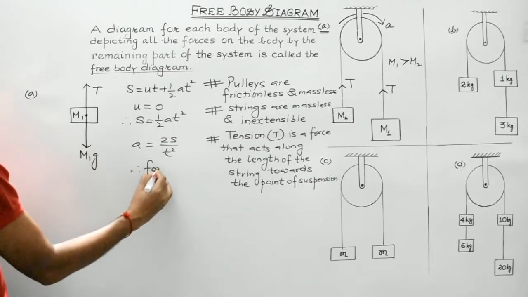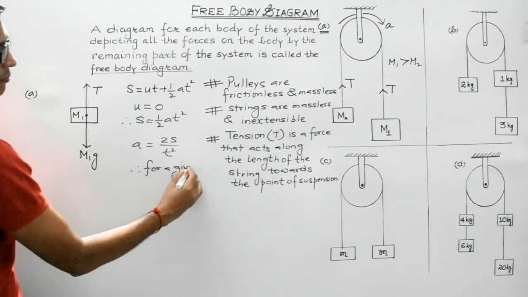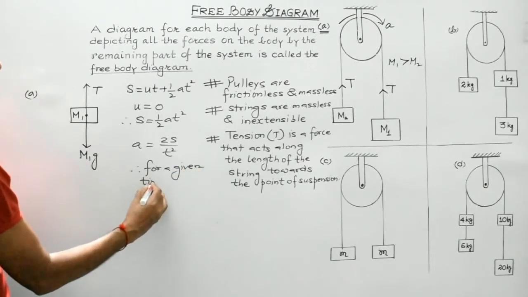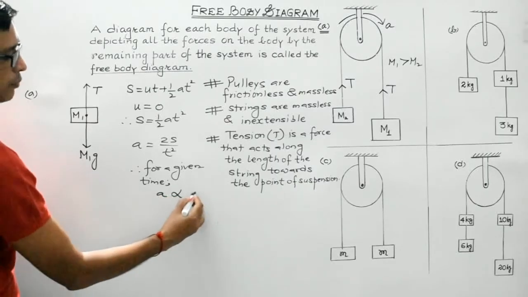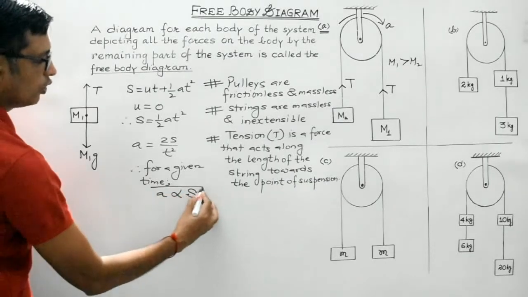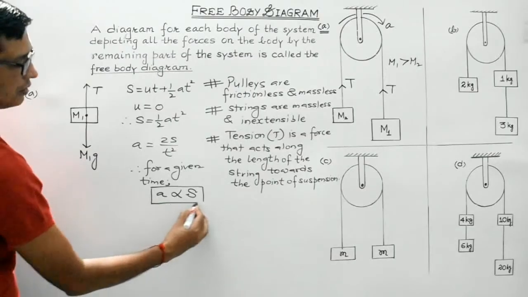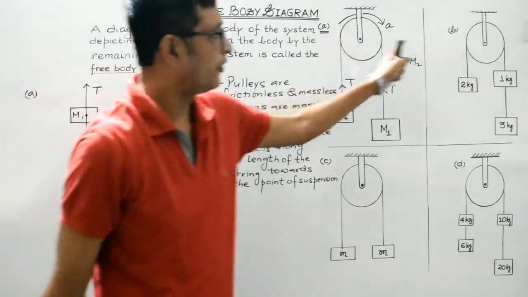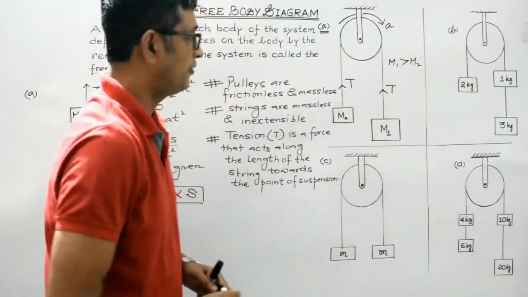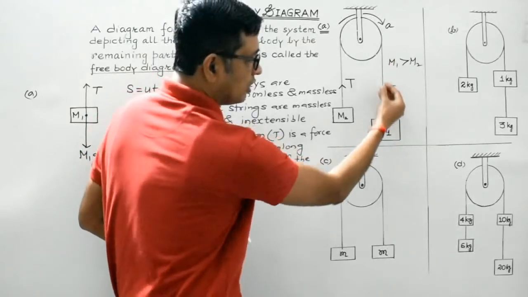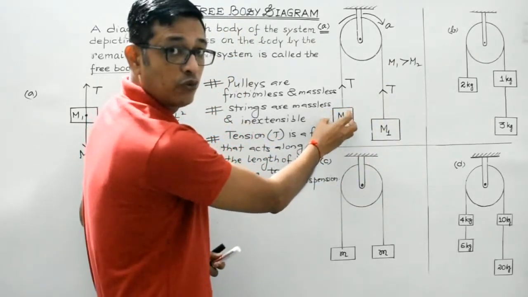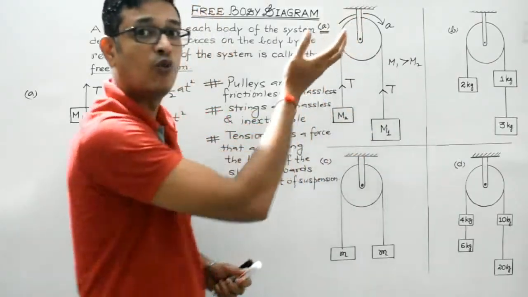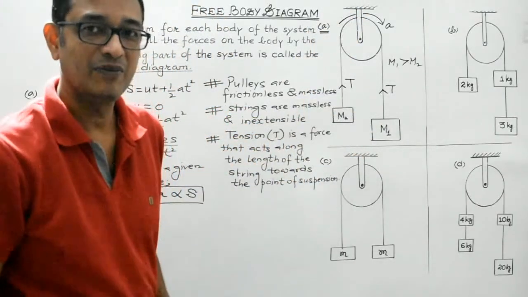Therefore, for a given time, acceleration is directly proportional to displacement. Always remember this. So in the case of fixed pulley, students, if this body goes down by 1 meter, the body m2 will also go upwards by 1 meter, taking the same time.